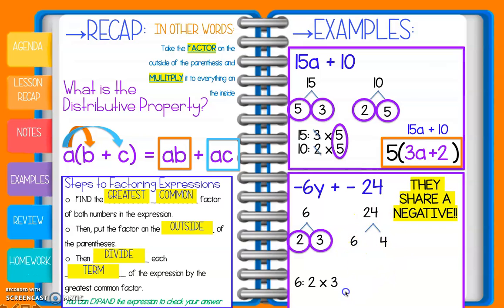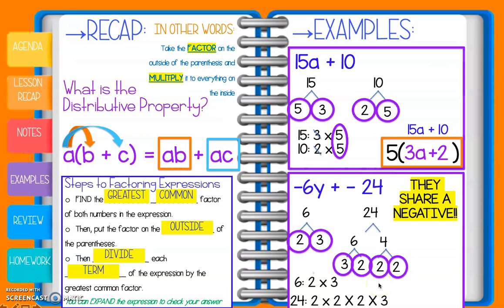Neither one of those are prime, so we have to keep going. For 6, we can do 3 times 2, and 3 and 2 are both prime. Okay, so we're done there. For 4, we can do 2 times 2, and both of those are prime as well. So that makes our prime factorization for 24 2 times 2 times 2 times 3.